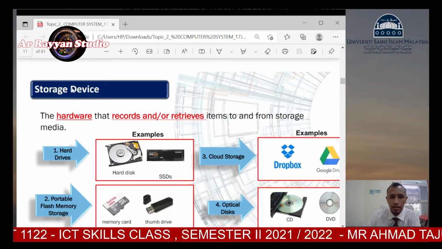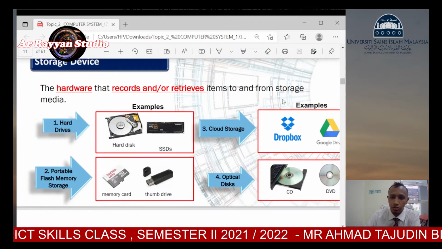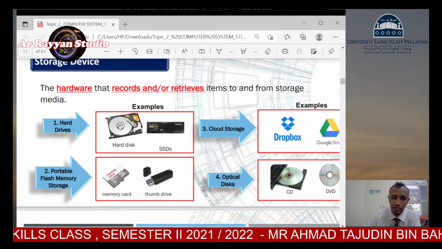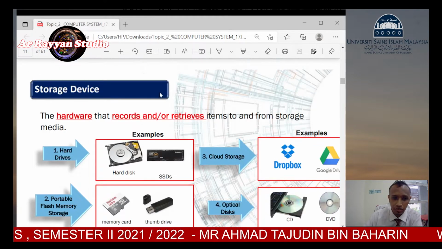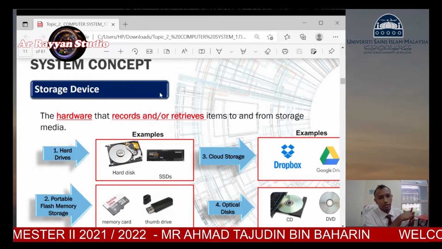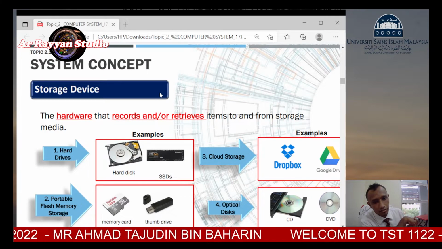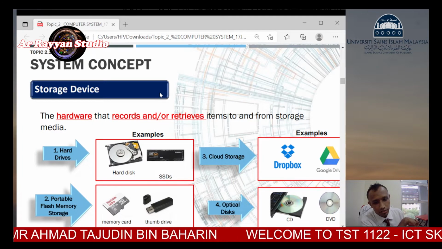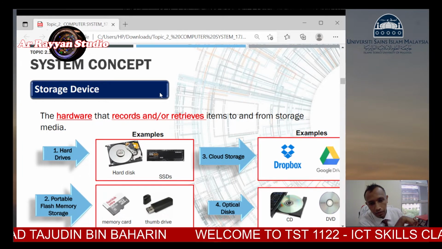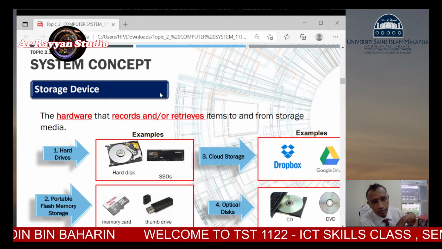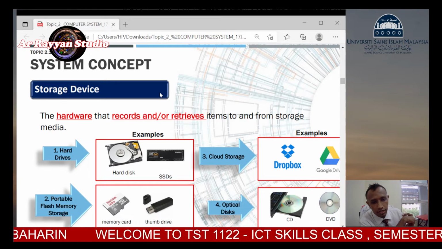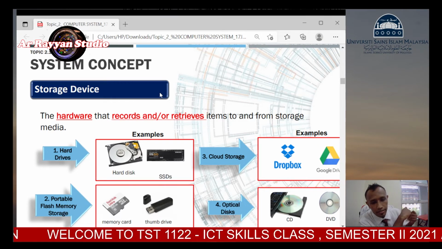Okay, next is system concept. Storage device. So ada kawan kamu kata hard drive dan sebagainya lah. So this is storage device, the hardware that records and retrieve item from storage media. Okay, so we have hard drive, example is hard disk and SSD.